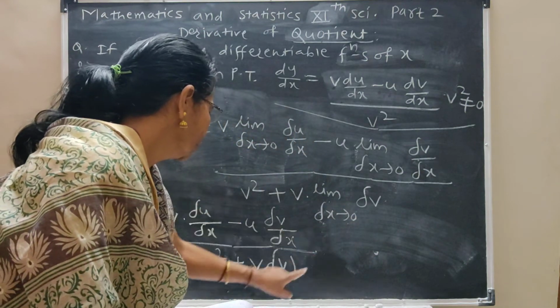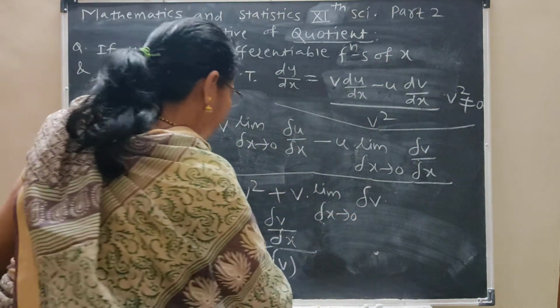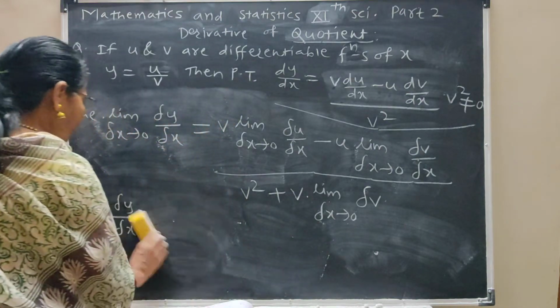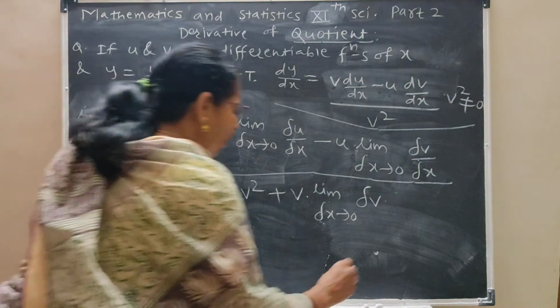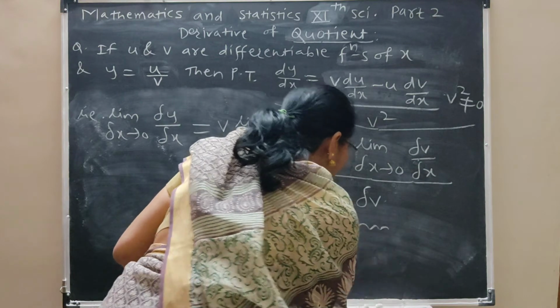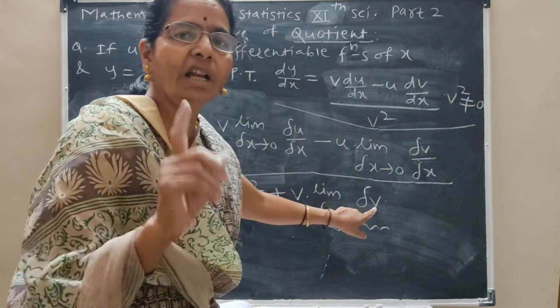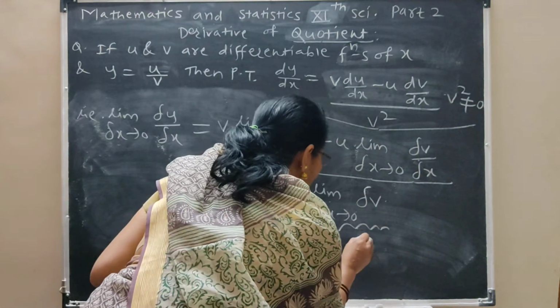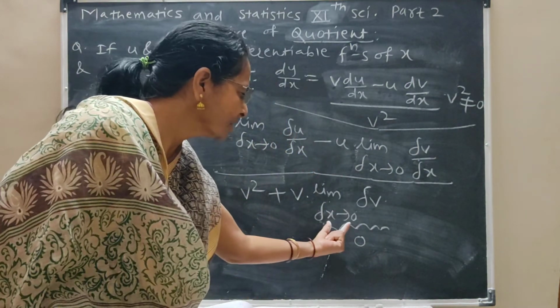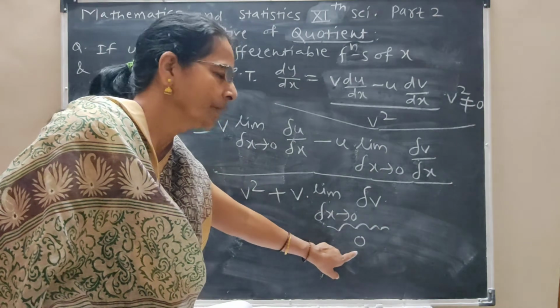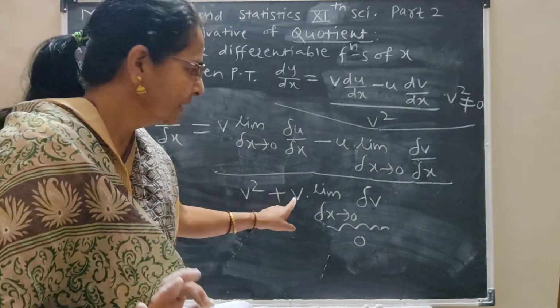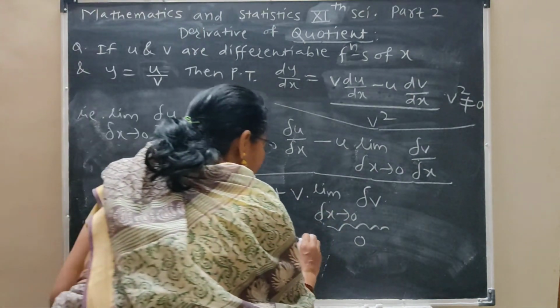The value of this term, limit as delta x tends to 0 of delta v, is always 0. So 0 into v is 0. That means this total term is 0.